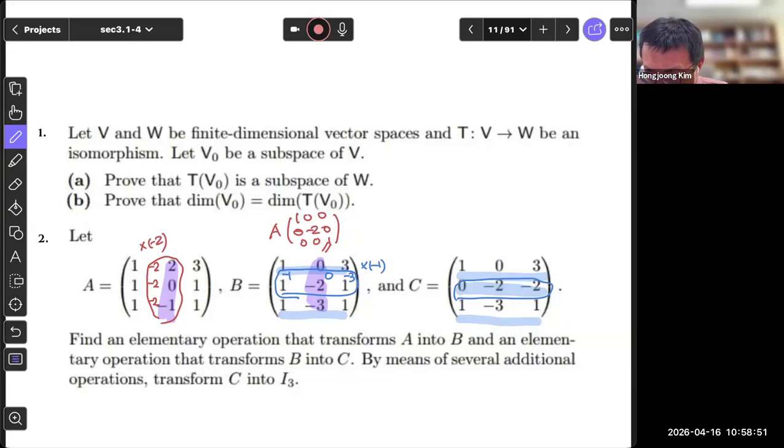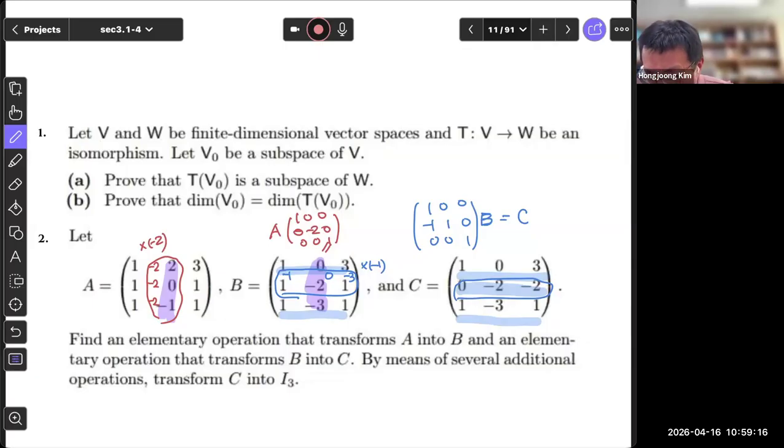So if I do this, then C can be obtained from the B matrix by pre-multiplying 1 0 0, -1 1 0, 0 0 1. Then you get the C matrix.